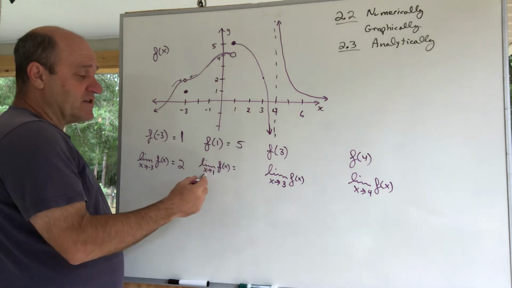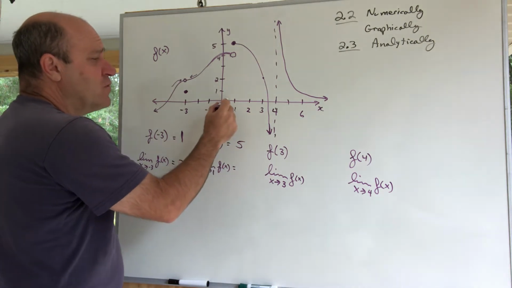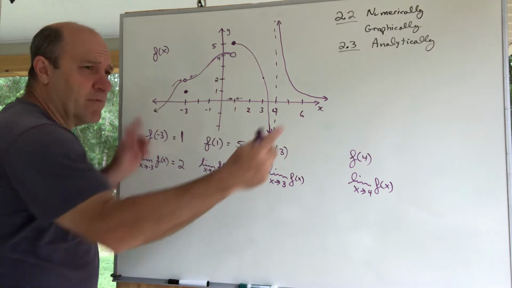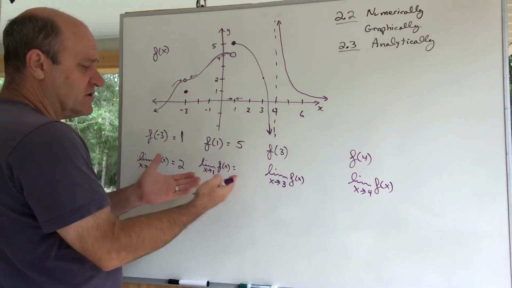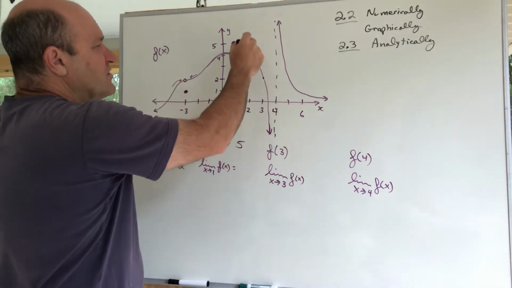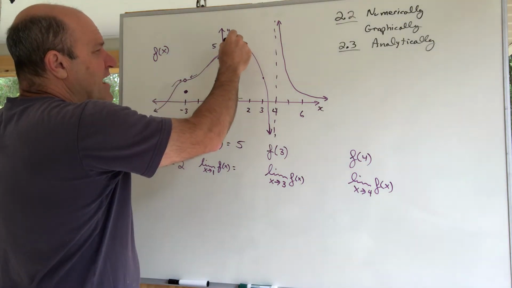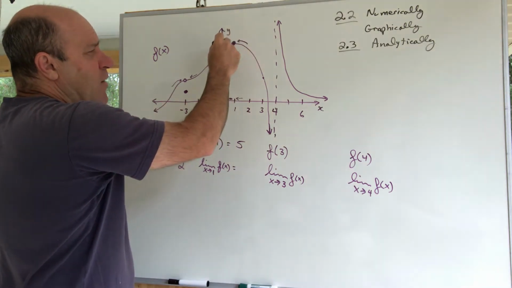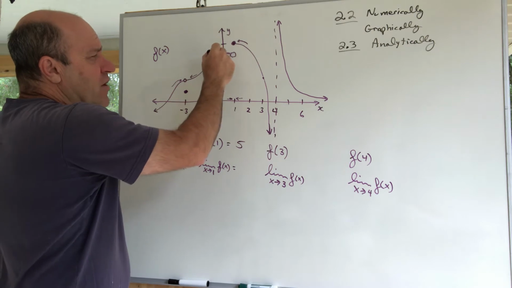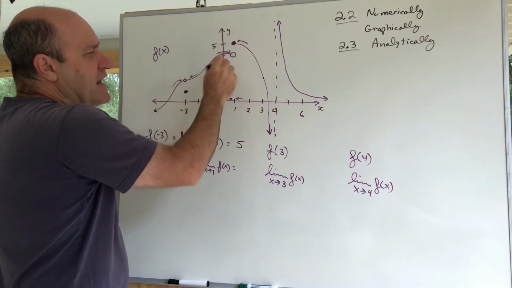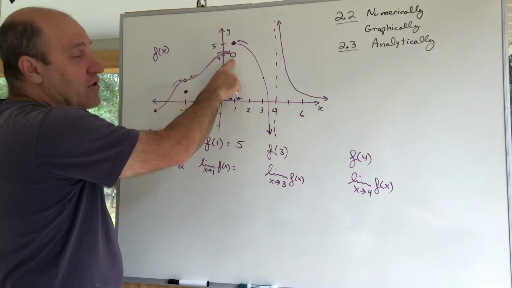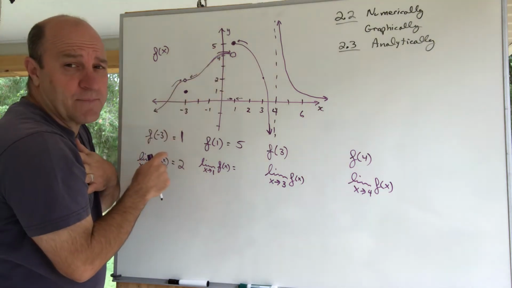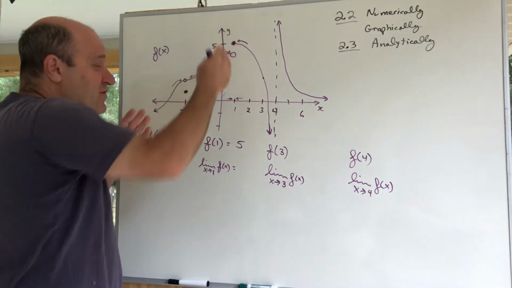What's the limit as x approaches 1? Well, we're approaching 1 from both sides. These are two-sided limits, these questions. When you approach from that side, it looks like you're approaching that y value of 5. And when you're on the function approaching from this side, even though you don't get there, you're approaching a y value of 4. So that's 2 different y values.